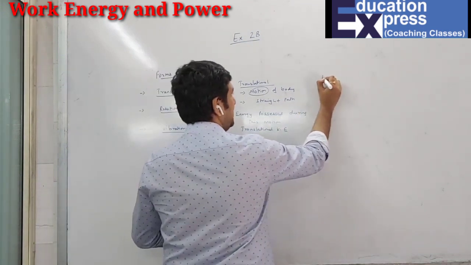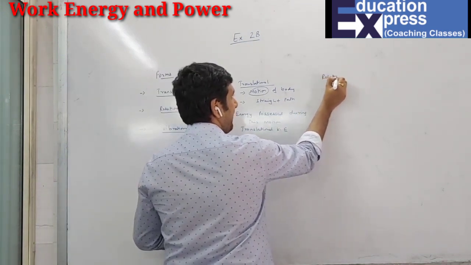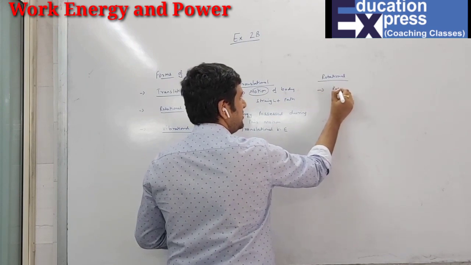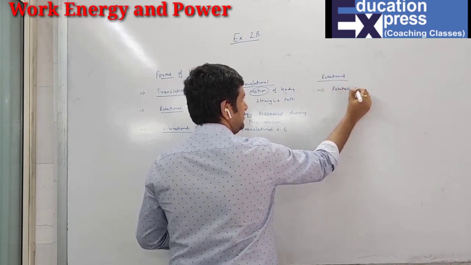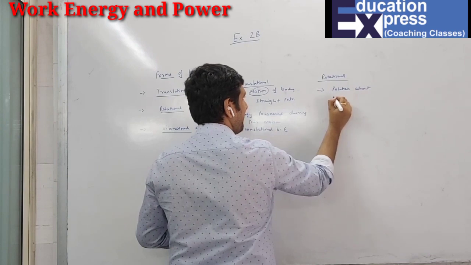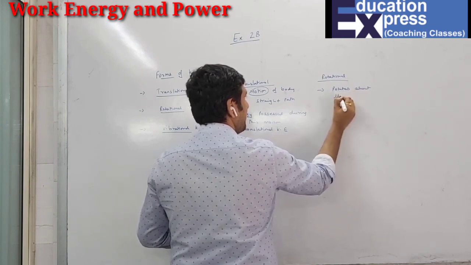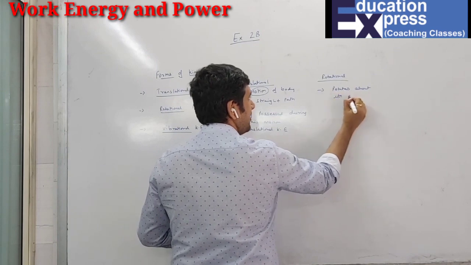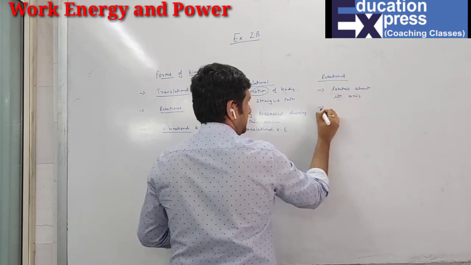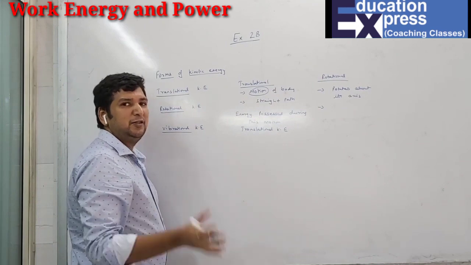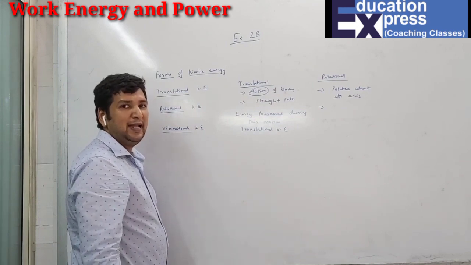Similarly, rotational motion. When the body rotates about its axis, it is said to be rotational motion. Energy possessed during this motion is said to be rotational kinetic energy.